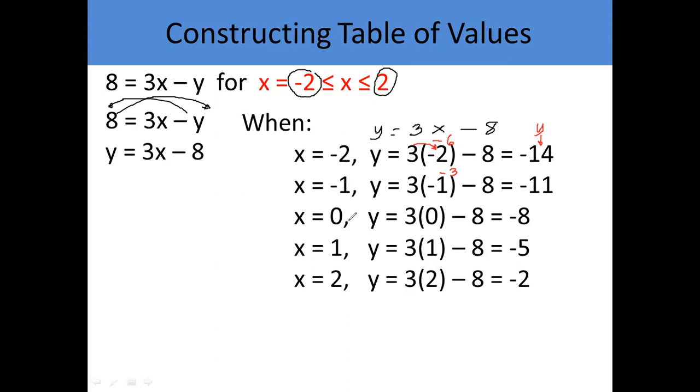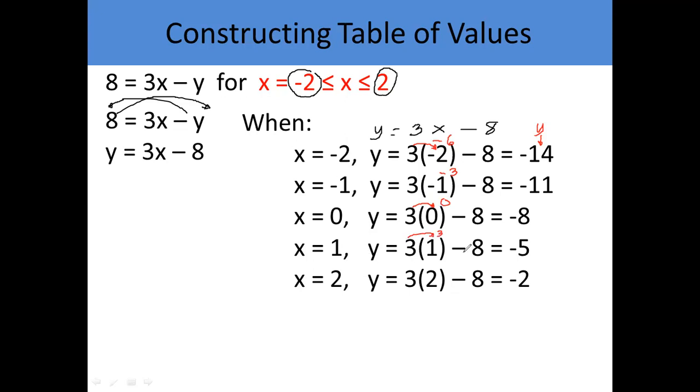Now when x is 0, 3 times 0 equals 0. So 0 minus 8 is negative 8. If x is 0, y is negative 8. X is 1, so 3 times 1 equals positive 3.